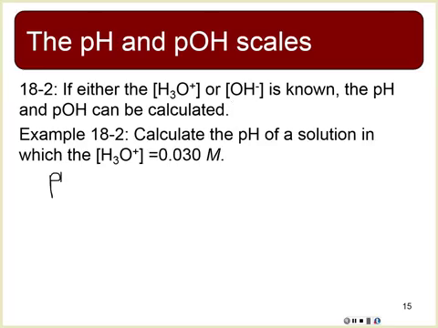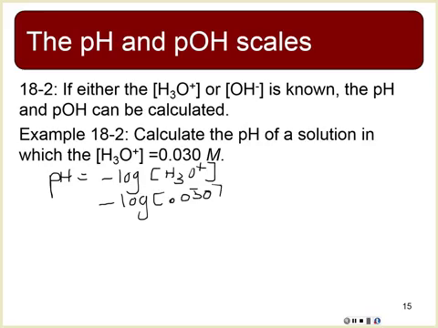So pH equals the negative log of hydronium concentration, or H+. So if I take the negative log of 0.030, that doesn't look like a 3. What did you all get?